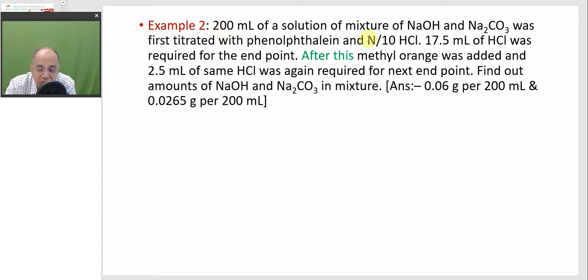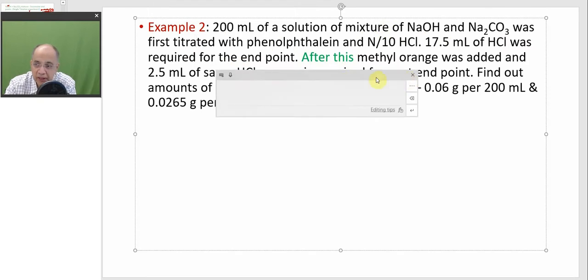200 ml of the solution mixture of NaOH and sodium carbonate was first titrated with phenolphthalein using N by 10 HCl, and 17.5 ml of HCl was required for the endpoint. That means phenolphthalein endpoint.